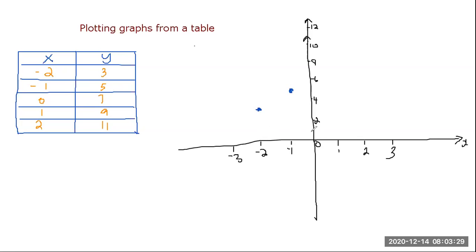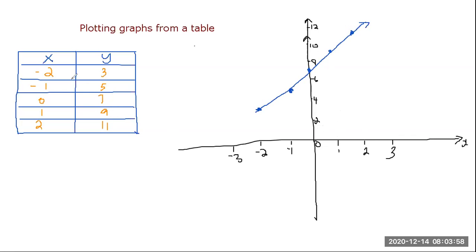Then 0, 7, and then 1, 9, about right there. And then 2, 11, which is about right here. Again, this is just a sketch. You go through and connect the dots, and that's how you get your line.